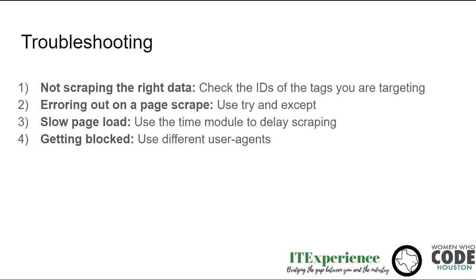The first thing is, if you're not scraping the right data, generally speaking, you need to check the tags that you're scraping for. When you're scraping data on a website, you want to get tags that are as specific as possible and contain the information that you need.